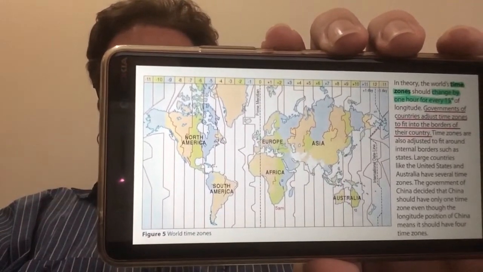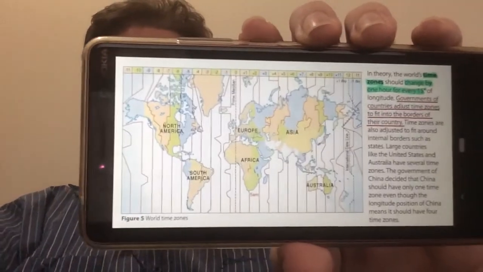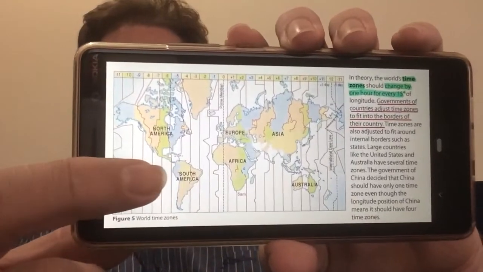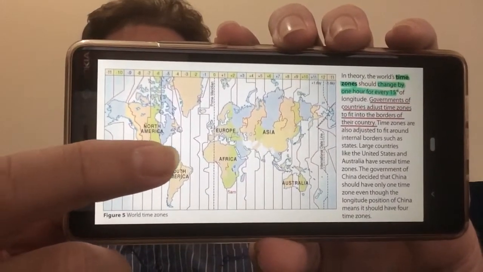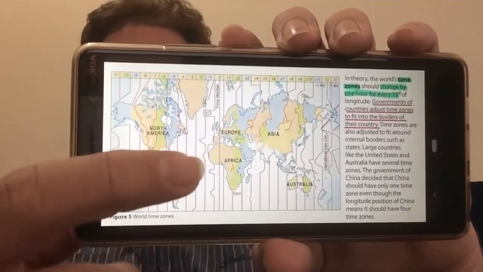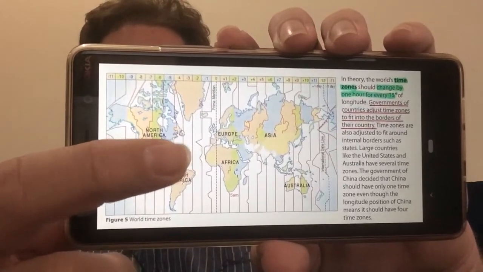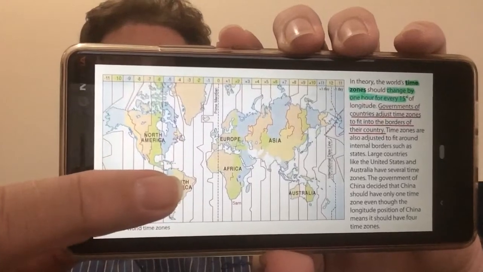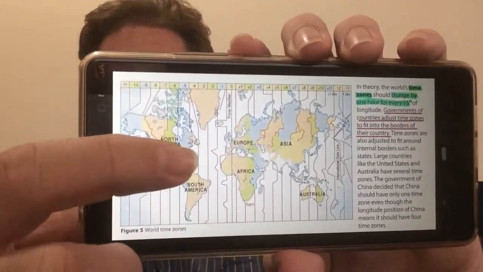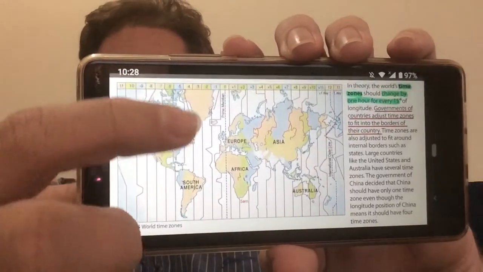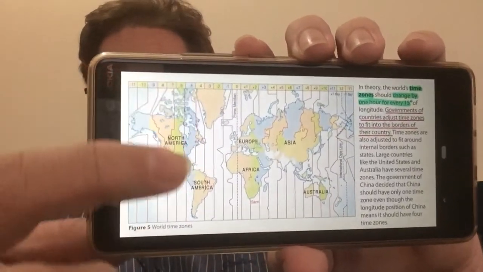So you can imagine the Earth rotates on its axis every 24 hours, and according to what we can work out here, that's 24 hours, 360 degrees. So that's about every 15 degrees. So every line of longitude coming down is about 15 degrees.